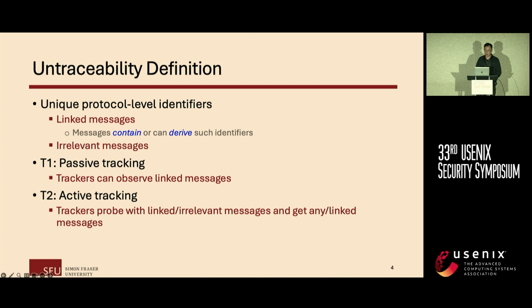And the second is active tracking, meaning that a tracker can either send out linked messages that can be related to a unique identifier and receive the response of either linked messages or irrelevant messages, or the tracker can probe with an irrelevant message and receive a linked message that can be related to a unique identifier. And then the untraceability: if a device is untraceable, it means that none of these 2 tracking types is possible.